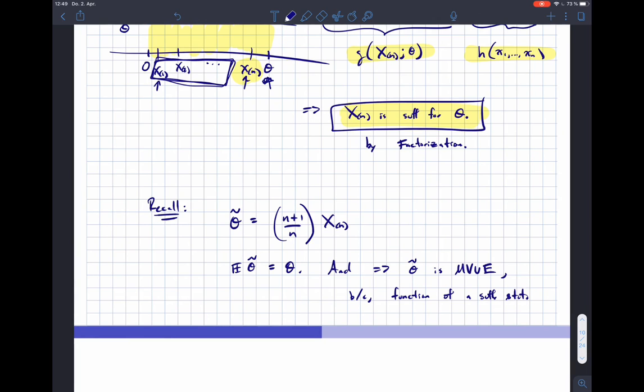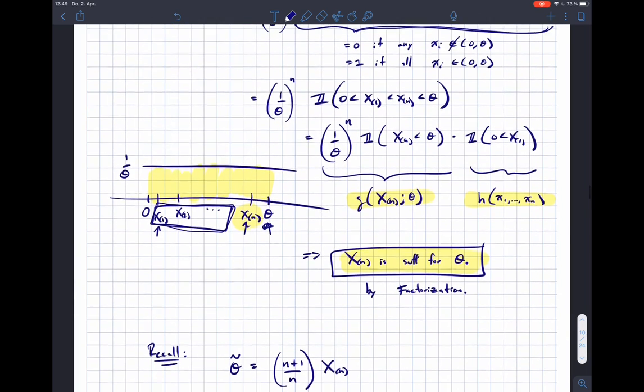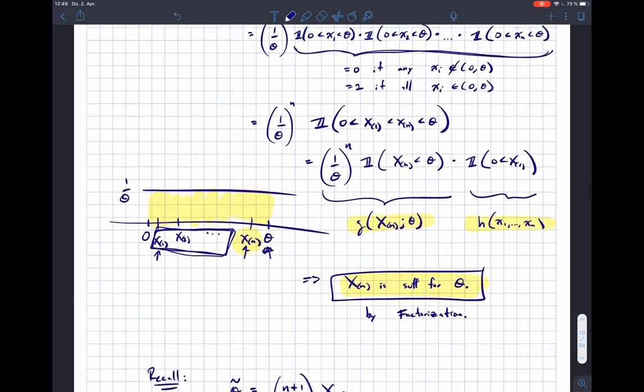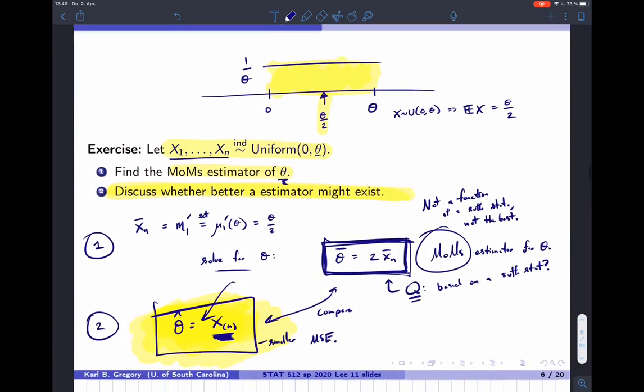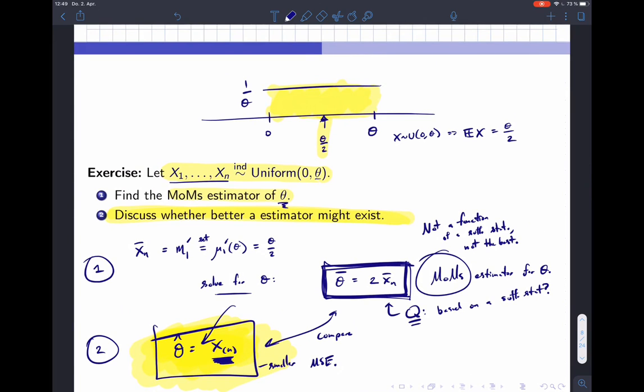Okay, so again, the method of moments kind of gives us an estimator which makes sense, but it doesn't use the data to full advantage.